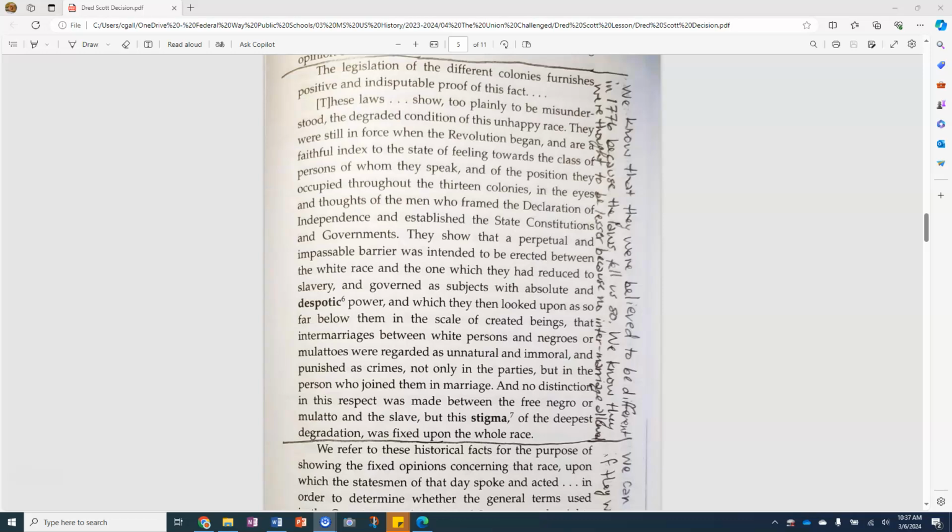But they are, he says, regarded as so far below white people that it's unnatural and immoral. So it's against the laws of nature, and immoral is kind of your fundamental belief systems, right?